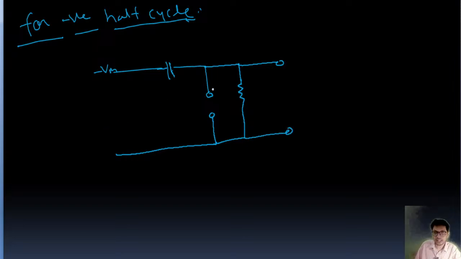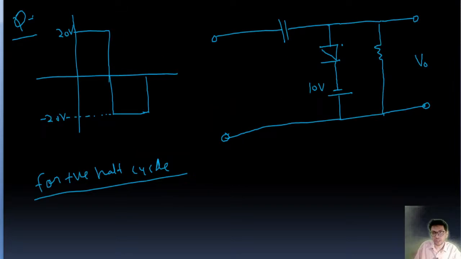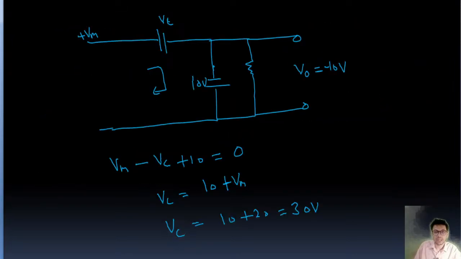Okay, so in that case, this is V output, right? So we can use V output, which means minus Vm minus Vc, the capacitor voltage, and minus V0, that is going to be 0, right?